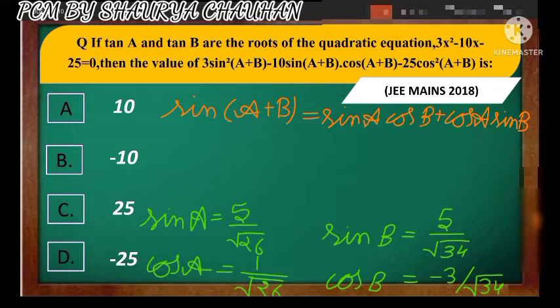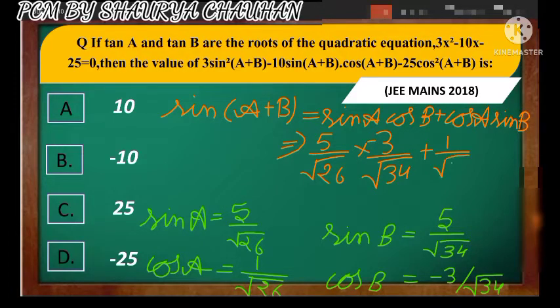After putting the values, it becomes 5 by root 26 into minus 3 by root 34, plus cos A which is 1 by root 26 into 5 by root 34.